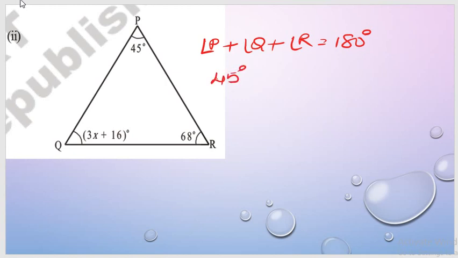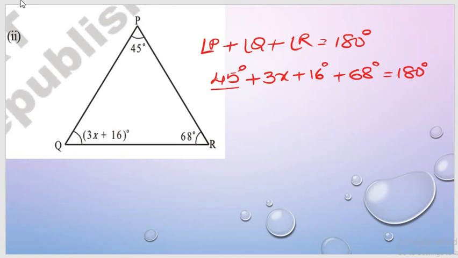So on substituting the values, 45 degrees plus 3x plus 16 degrees plus 68 degrees is equal to 180 degrees. Now we need to simplify this.